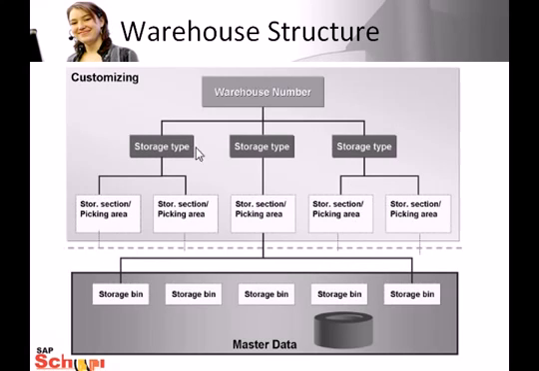The figure here shows the structure of a warehouse. Each warehouse number includes a number of subordinate organizational units, and this is dependent on your customizing settings. We'll go into those shortly. These are storage types and storage sections, all of which are used to map the relationship to the warehouse.